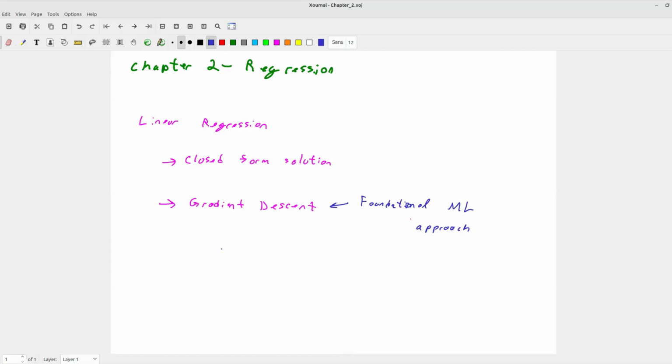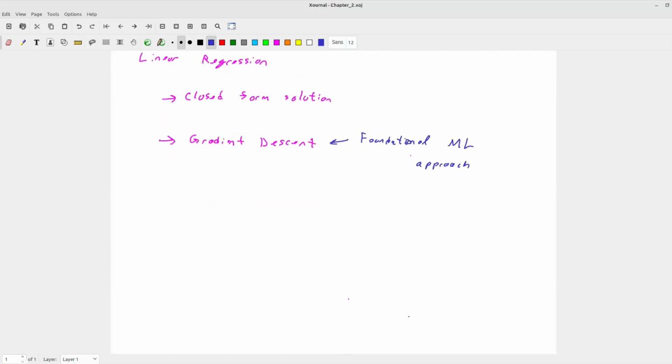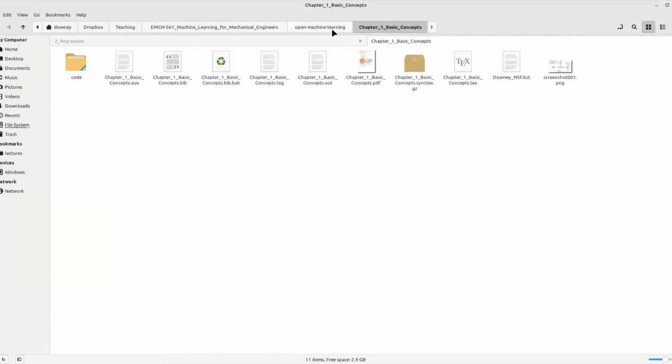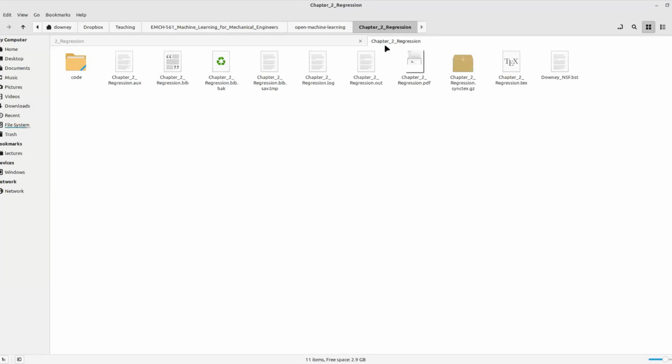Before we do that, let's take a look at a data set that we're going to code through together as we build this out.